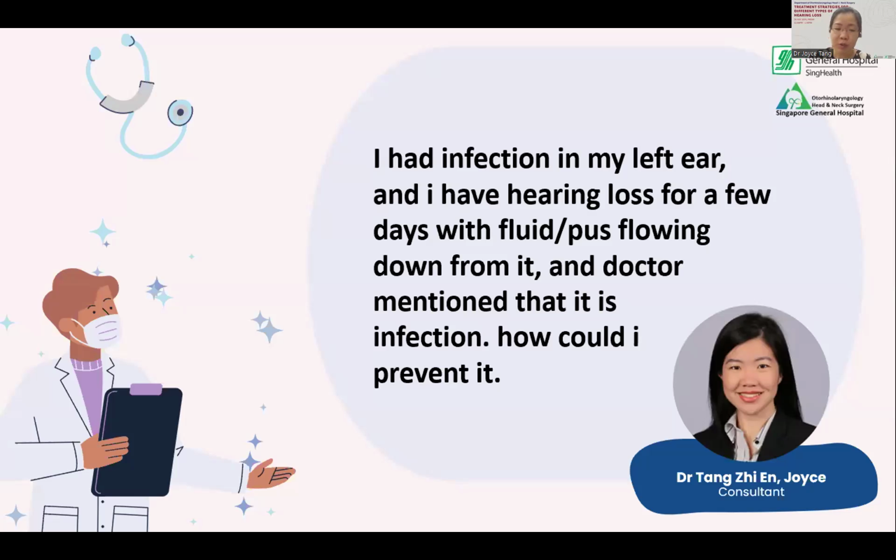It's very difficult to prevent infections, but we did notice that during the COVID period, where everybody was wearing masks and being very careful with hand hygiene, the rate of coughs, colds, and flus went down drastically. So if you are careful with your hand hygiene and avoid people who are coughing and sneezing, then maybe that way you can prevent infections. Hope this answers your question.